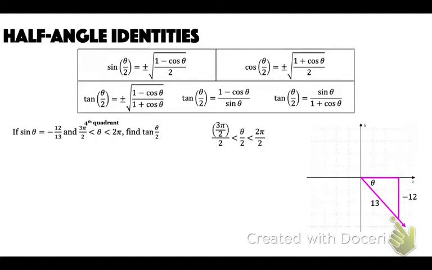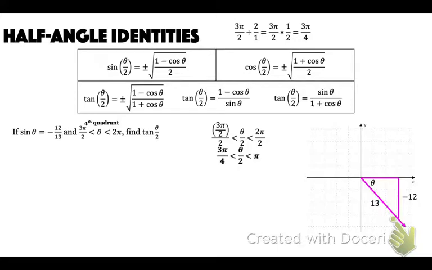Now, I'm trying to find the tangent of theta over 2, not tangent of theta. So I'm going to move this over here, and I'm going to divide all of those numbers by 2, because that's going to give me theta over 2. So 3 pi halves divided by 2, I can flip and multiply, and that's 3 pi fourths.